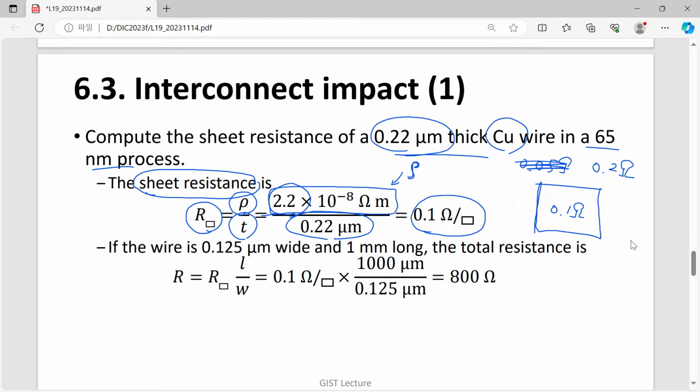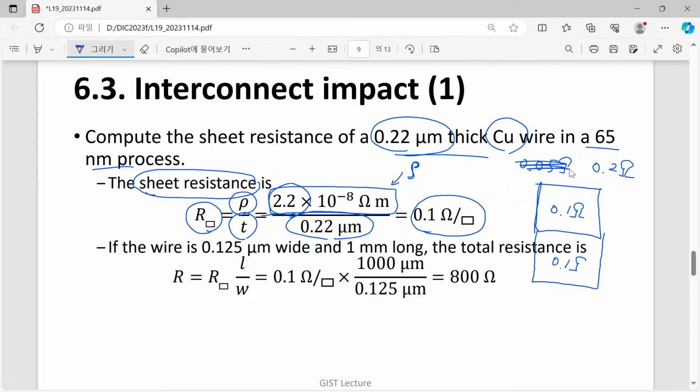Instead of that, if we make this wire twice wider, each part is 0.1 ohm once again, and these two resistors are connected in parallel, so obviously we will have a reduced overall resistance.